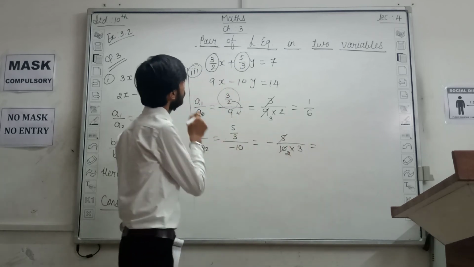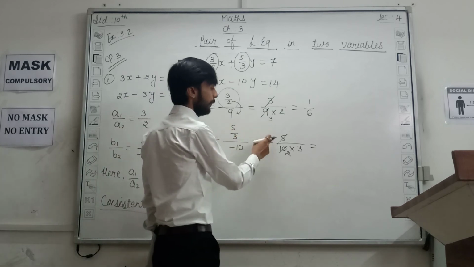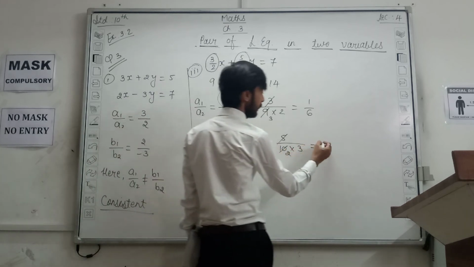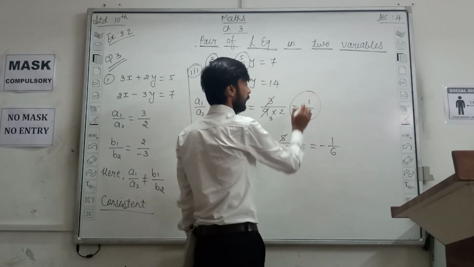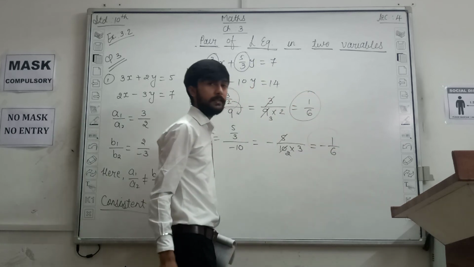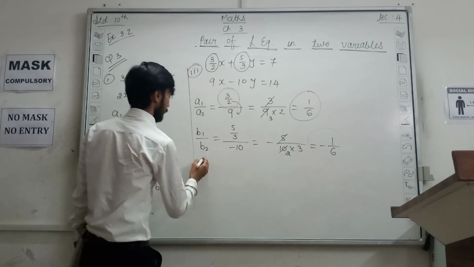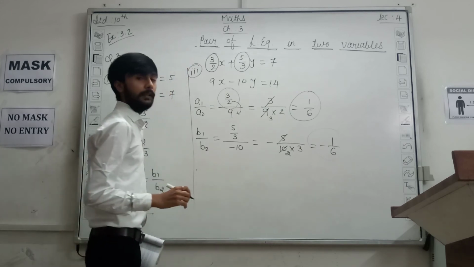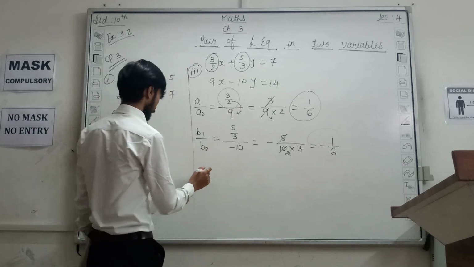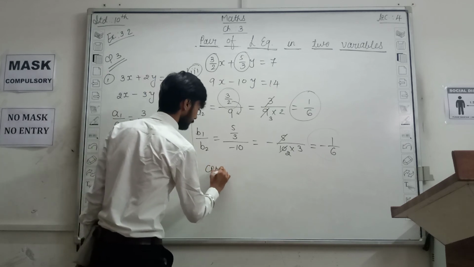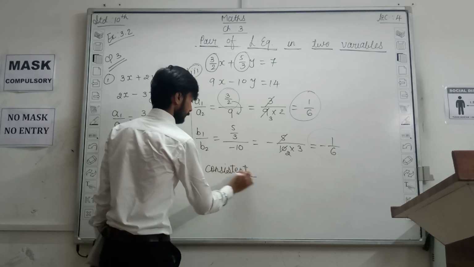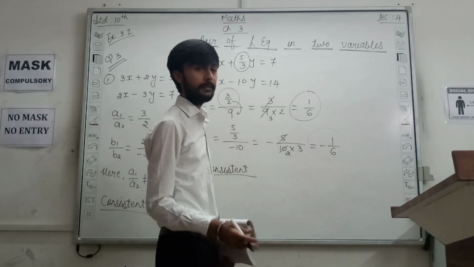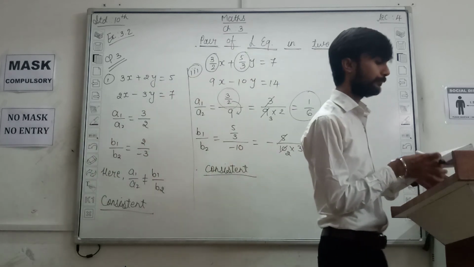See, 1 upon minus 6, that is minus 1 by 6. See, 1 by 6 and minus 1 by 6 are not equal. So again intersecting lines and therefore consistent. Intersecting lines means consistent.